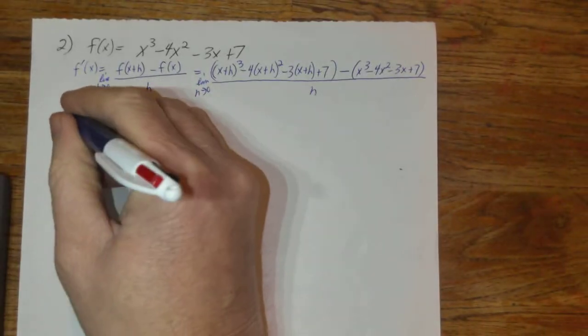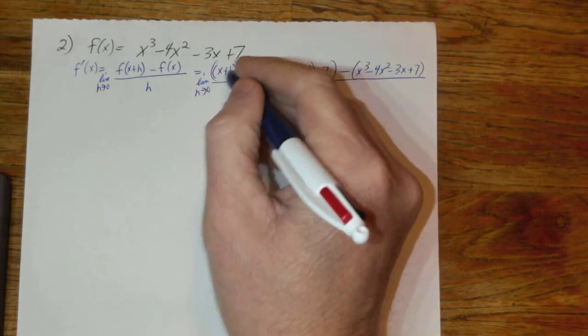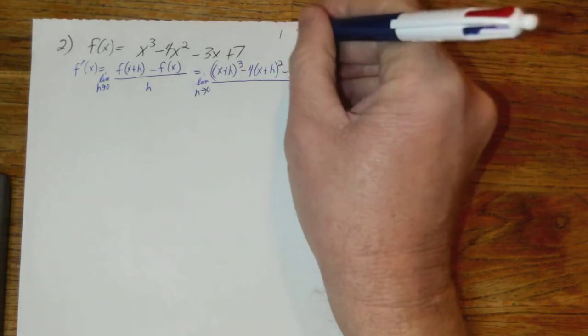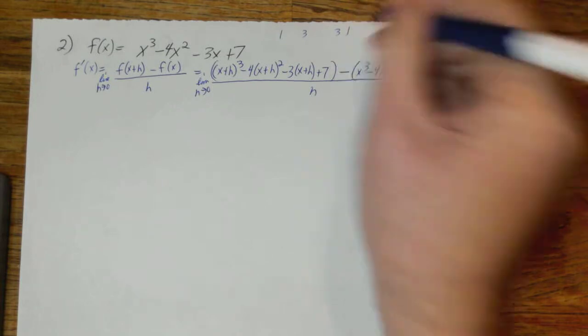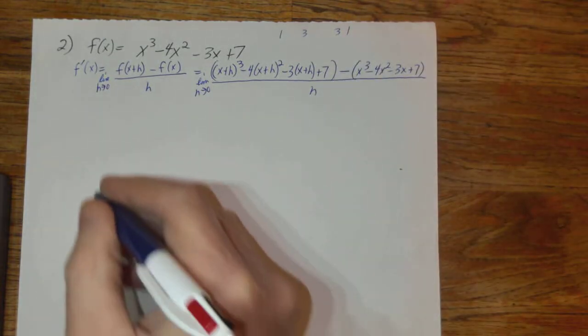Now I'm going to remember from squaring or cubing a binomial, I remember, like on Pascal's triangle, the 1 3 3 1 for the coefficients. This first part, if you want to do that, I'm just not going to. I'm just going to write down what the answer is, because I just remember how this works.